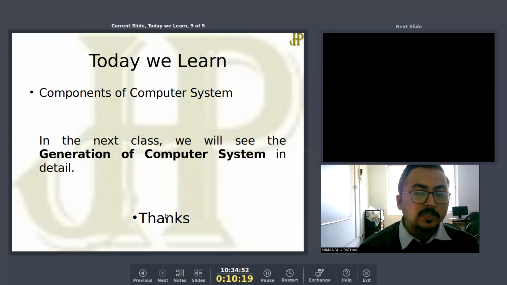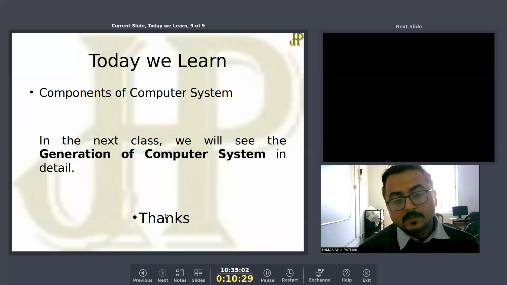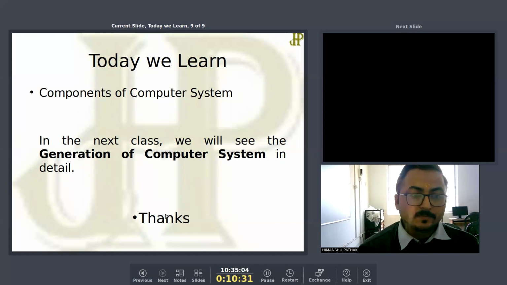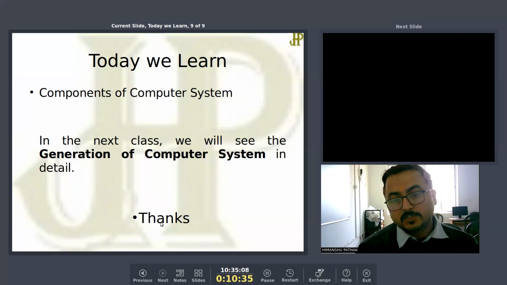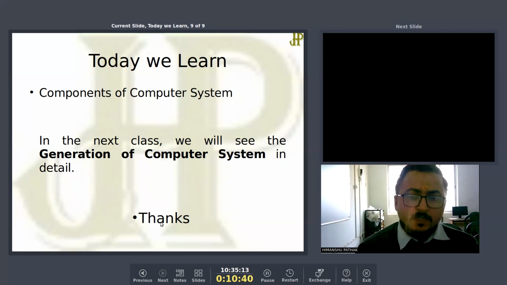First one is main storage to store the data arriving from the user, the data after processing, and the intermediate results. And for permanent storage, we need secondary type of storage. So I hope you understand the actual block diagram of computer and everything.